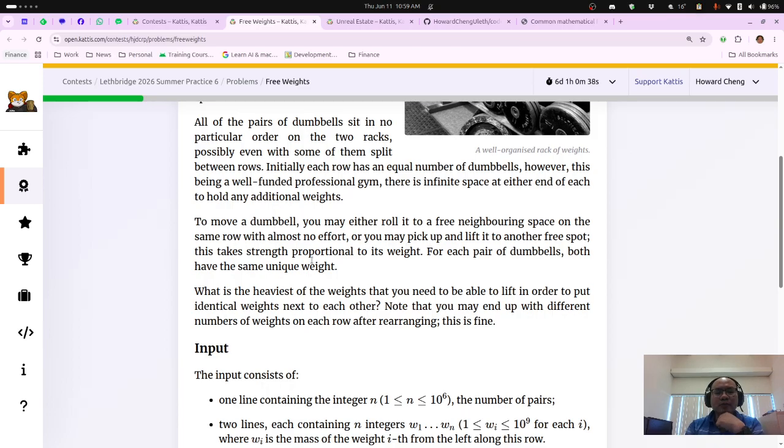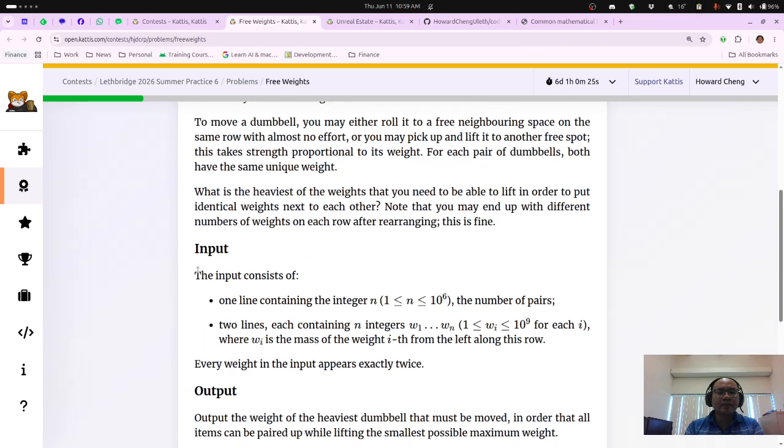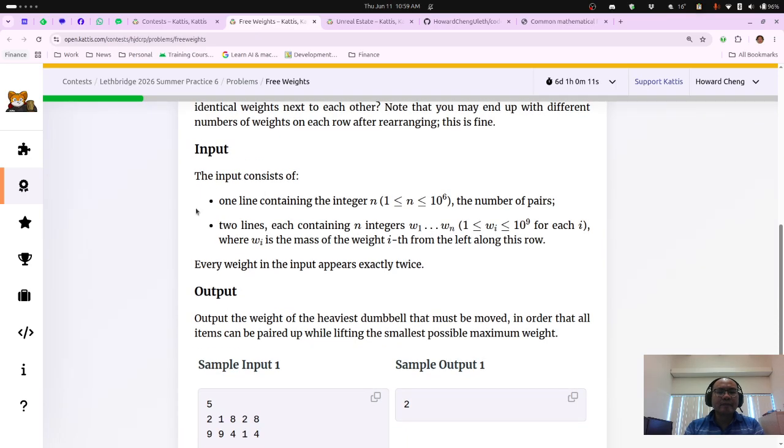This takes strength proportional to its weight. For each pair of dumbbells, both have the same unique weight, so the weight of each pair is unique. Okay, so you don't have multiple pairs of the same weight. What is the heaviest weight that you need to be able to lift in order to put identical weights next to each other? Note that you may end up with a different number of weights on each row after rearranging. That's fine.